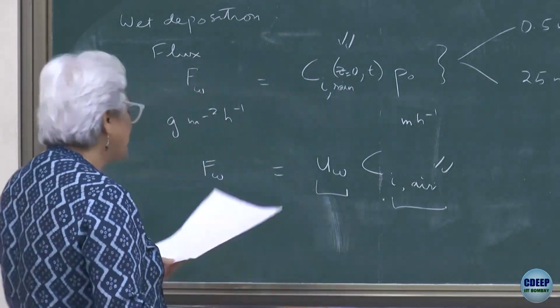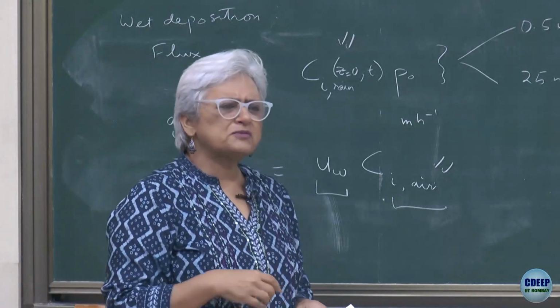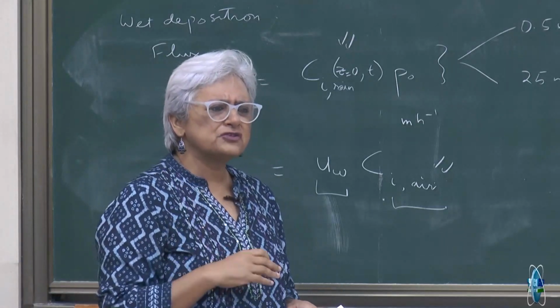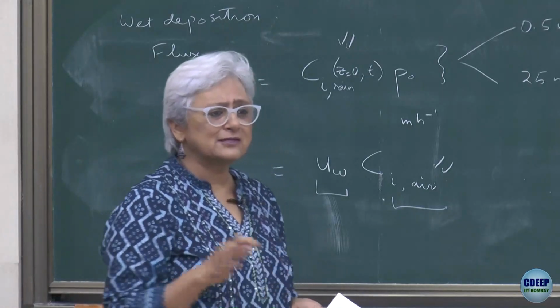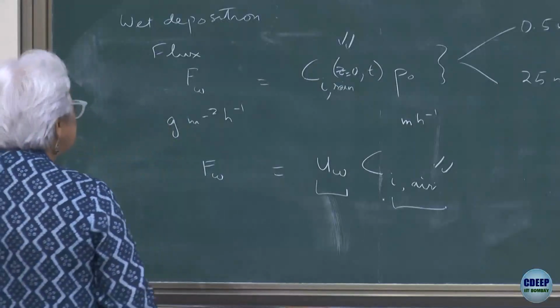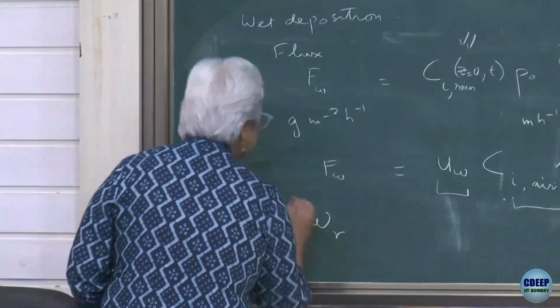So therefore, when you get into this field, you will find people talking about scavenging coefficient, washout, rain out, all kinds of things, and the terminology will get you entirely confused. And so there is something called a washout ratio.